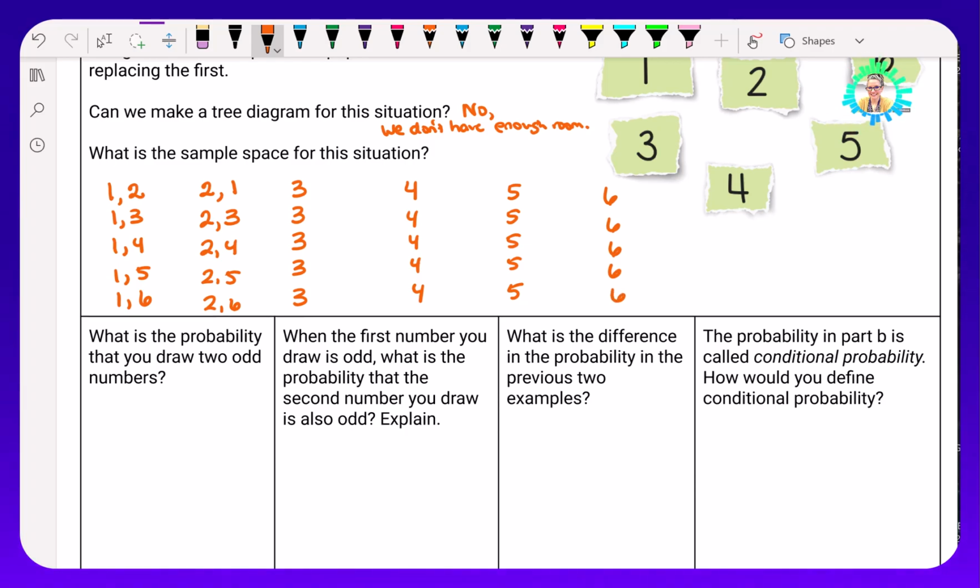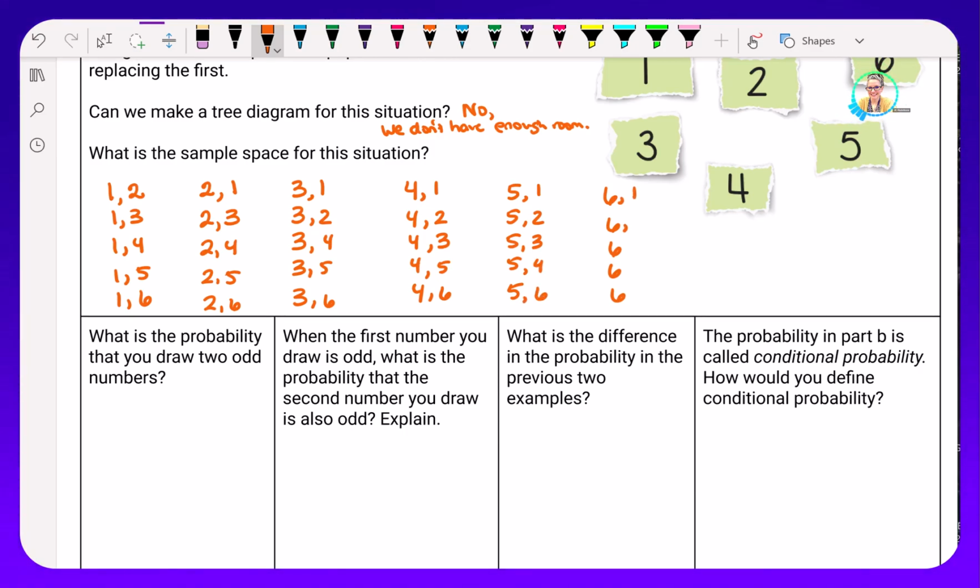Okay, so each one of those is going to have 5 branches as long as I don't repeat the number. So I'm going to have to skip 3. And then on 4s, everything but 2 4s. So I'm going to skip 4, go to 5. Skip the 5, go to 6.